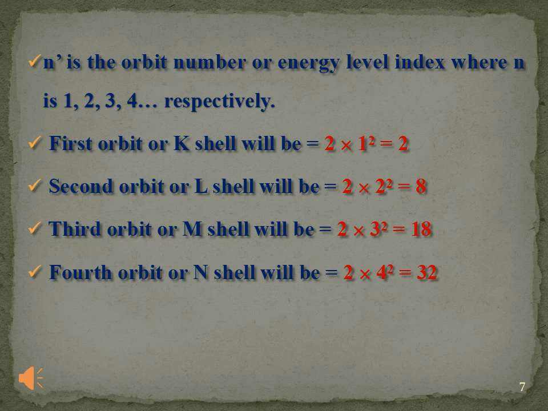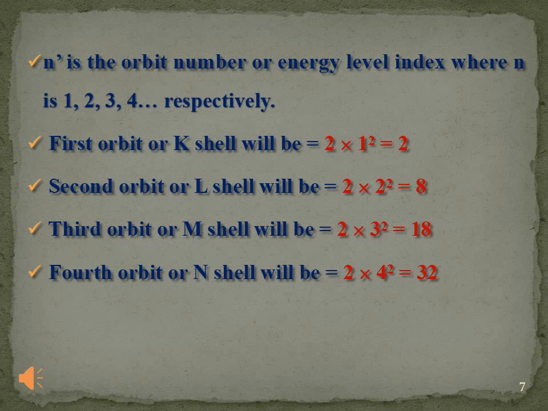So generally the electrons are present in a shell by the formula 2n square. Now we know that K equals n, and I am keeping the value of n equals 1 in the formula 2n square. So you can see that 2 into n square, where n equals 1. So keeping the value 1, I'll get 2 multiplied by 1 square, that will be equal to 2. Similarly, if we talk about the second orbit, or L shell, we can say that 2n square, where here n equals 2.